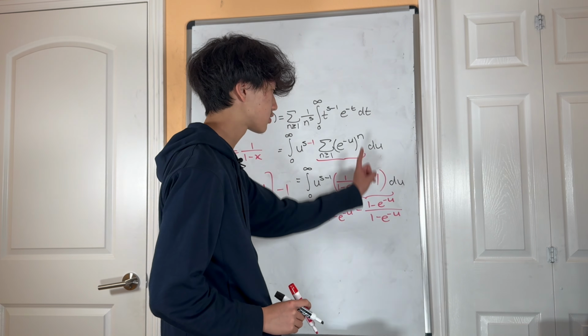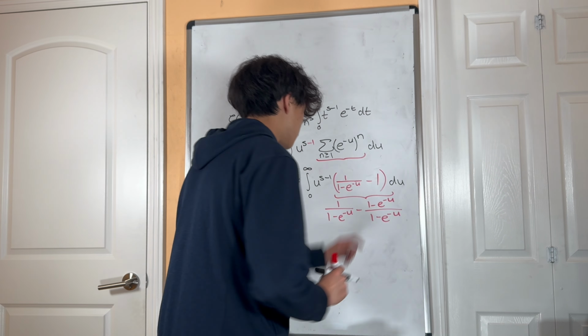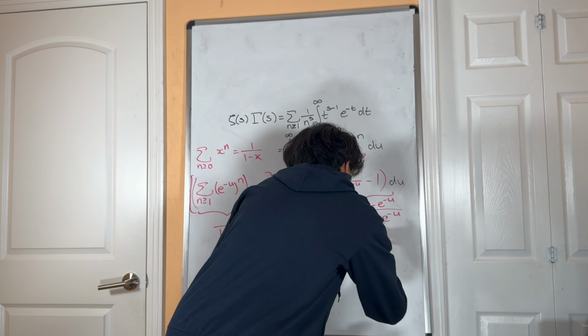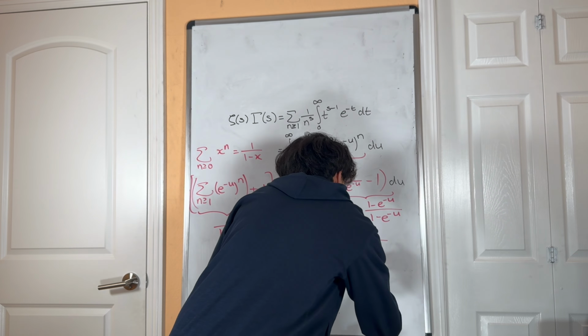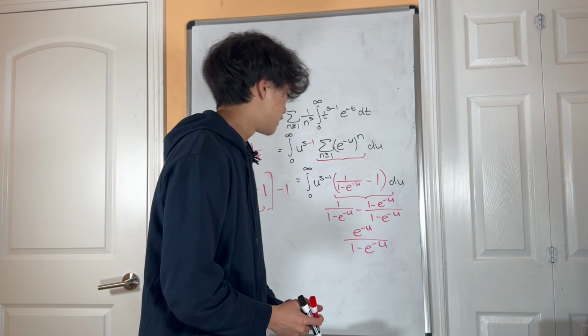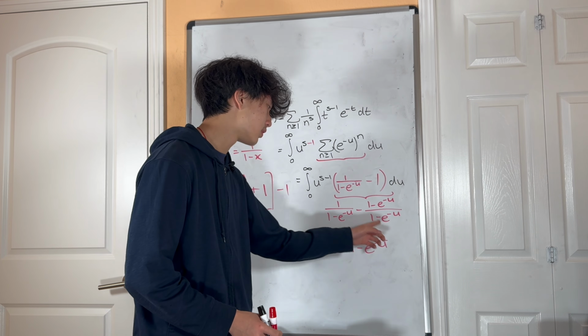Okay, these two cancel to make 1. Now, when you combine the two fractions, 1 minus 1 is just 0, and the double negative e to the negative u is just e to the negative u, and the denominator is going to stay the same. All right. And the final step is to expand by e to the positive u.